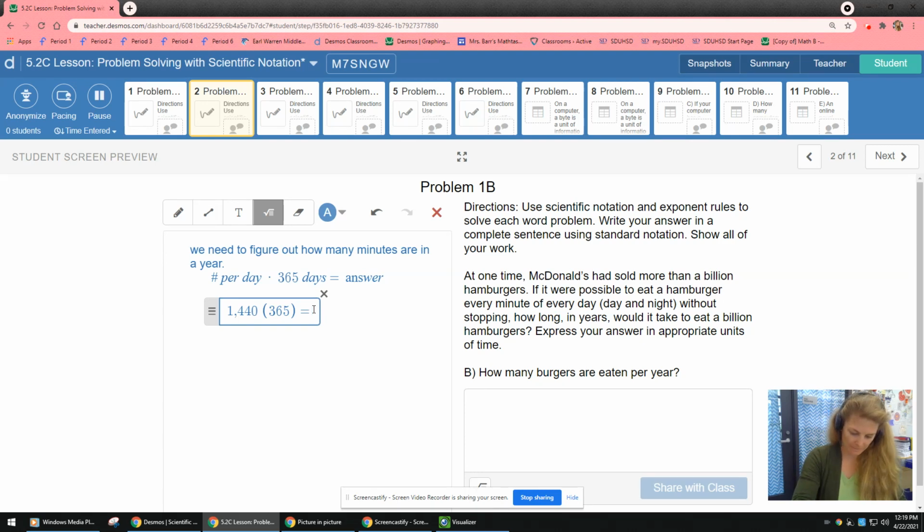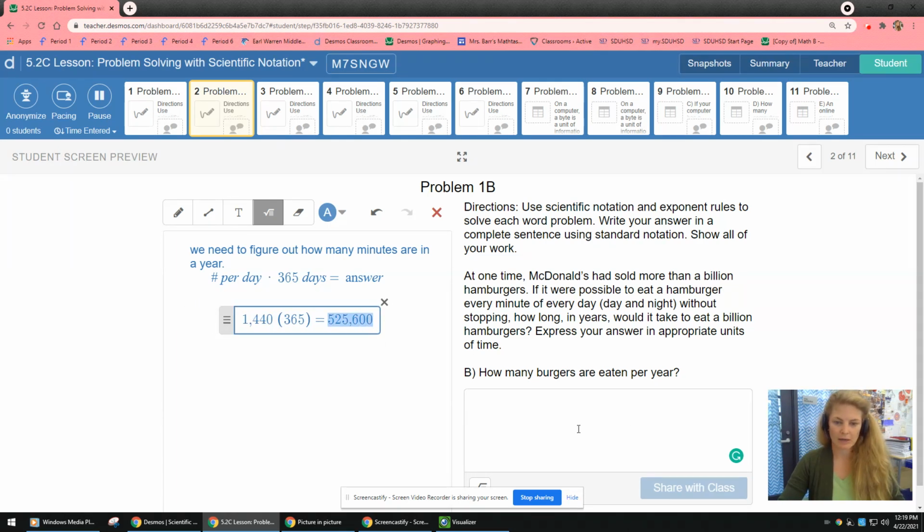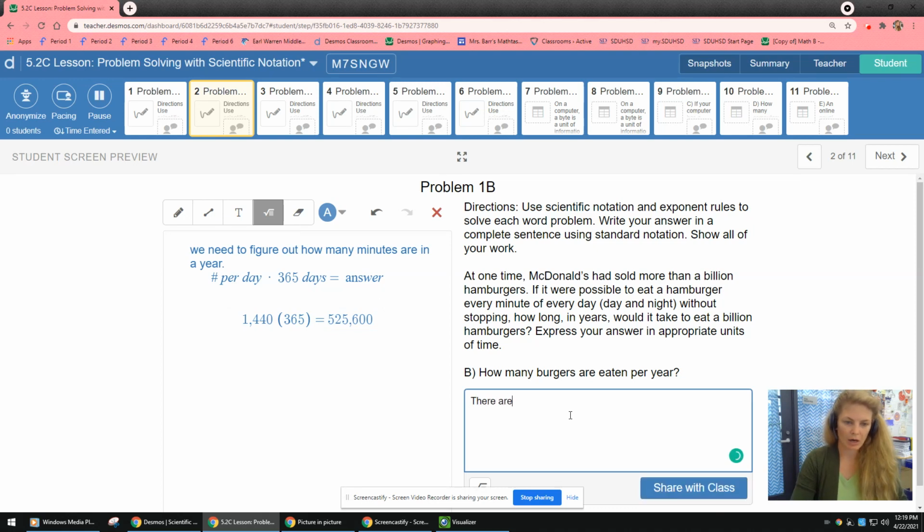So how many burgers are eaten per year? There are 525,600 burgers eaten per year at this rate of 1 hamburger per minute. Oof, that is a lot of burgers.